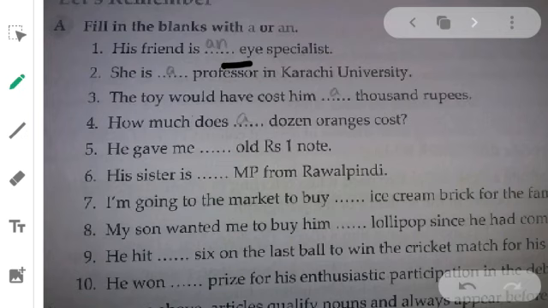The toy would have cost him a thousand rupees. As we have discussed, we can use an article as a number, so a thousand rupees means 1,000. How much does a dozen oranges cost? Again we are using an article as a number over here. The rest of the blanks you have to do by yourself in your books.